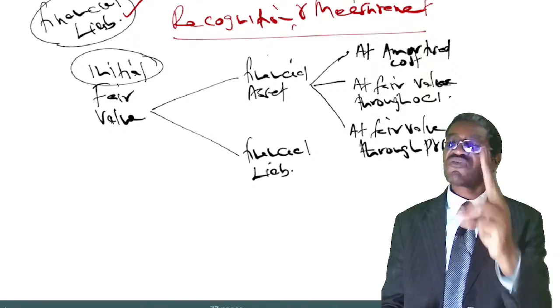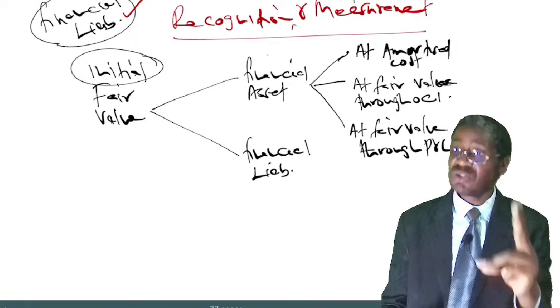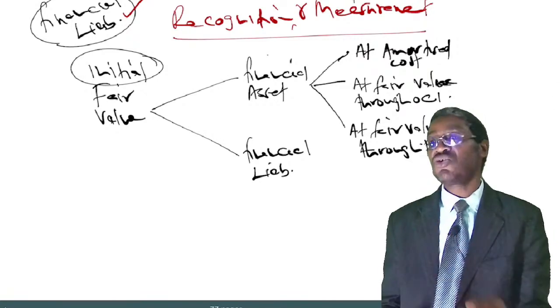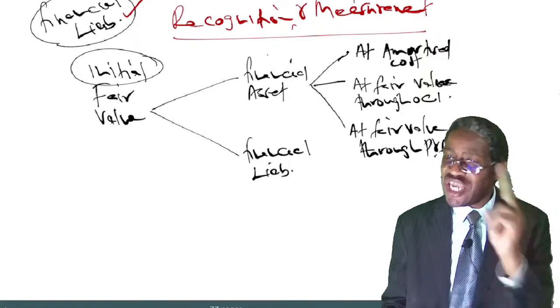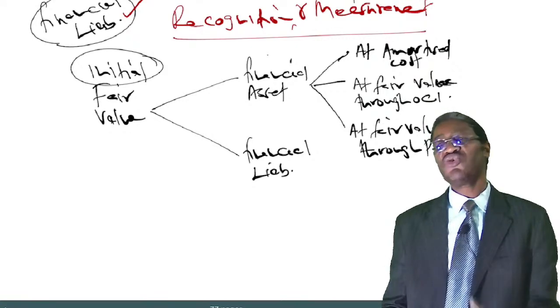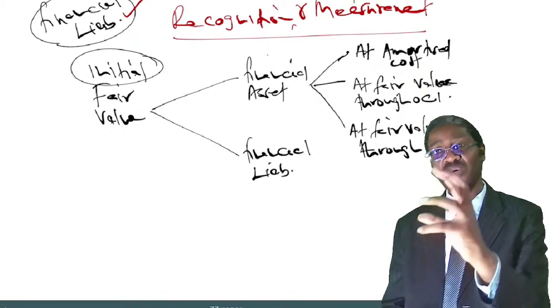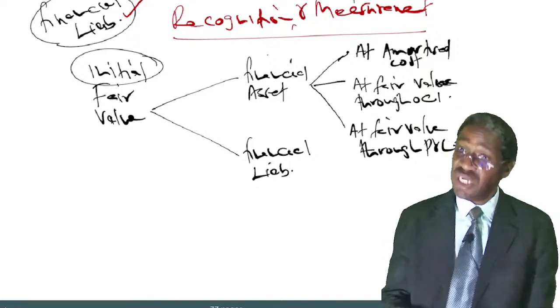Two, at fair value again. Initially, you measured it at fair value. By the end of the year, again, you are measuring it at fair value. But listen, this time the change in fair value, you take it through OCI. That means through other comprehensive income.